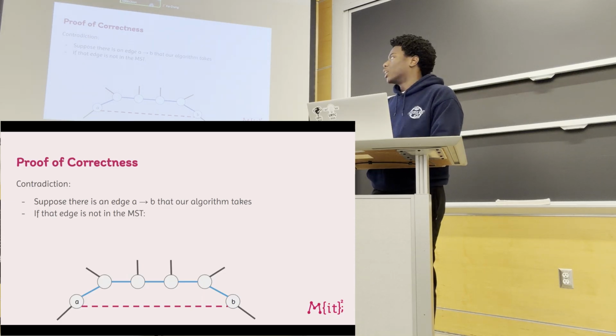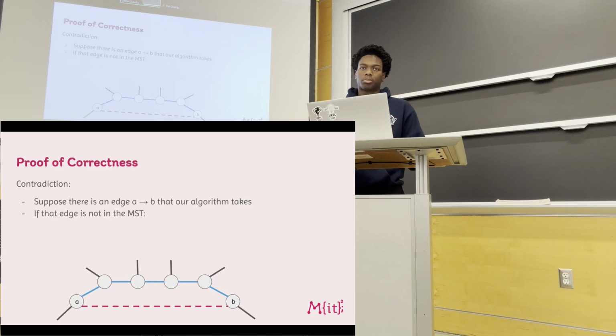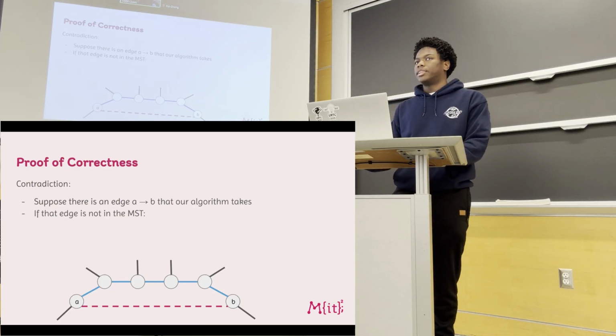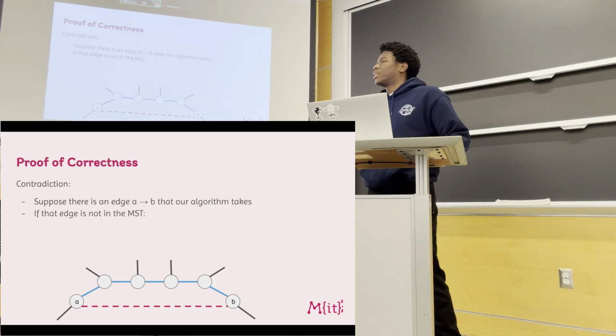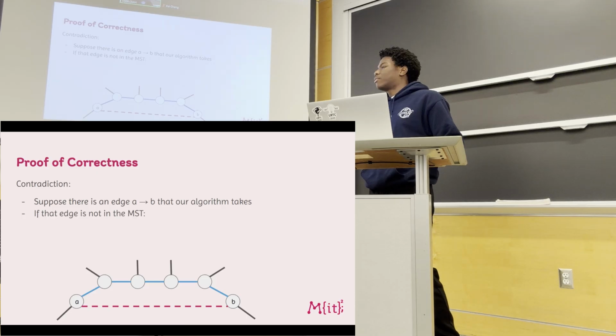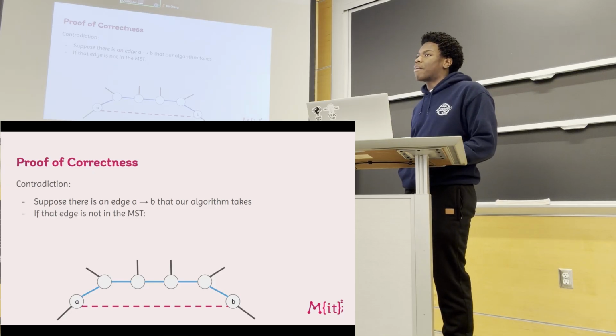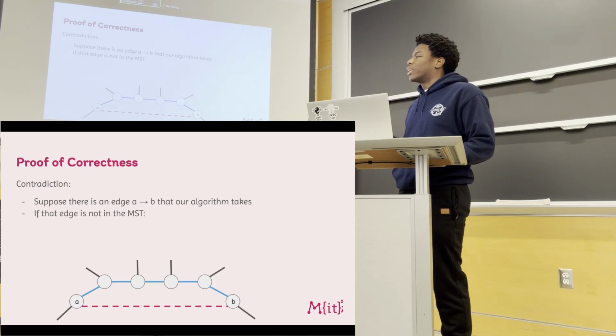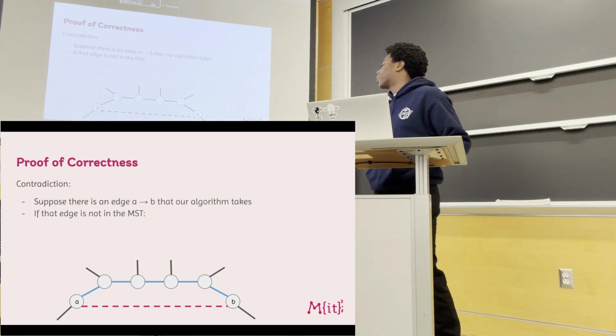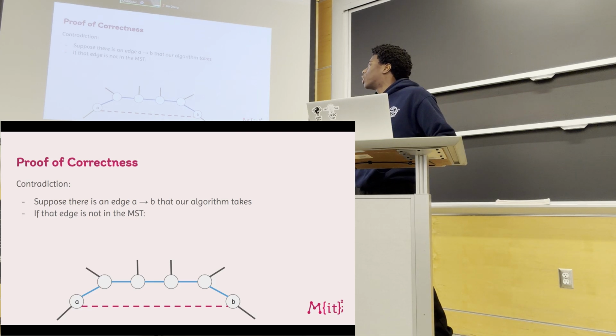And the proof follows from a proof by contradiction. Inductively, you can assume that all the edges up to the edge you're adding are correct. And then you could say the edge we chose to add wasn't correct and we shouldn't have added it to the MST. That means there is some path where all the edges have weight smaller than the edge we just added.